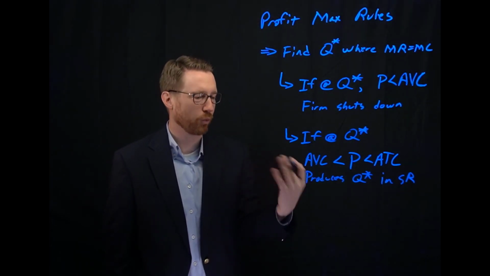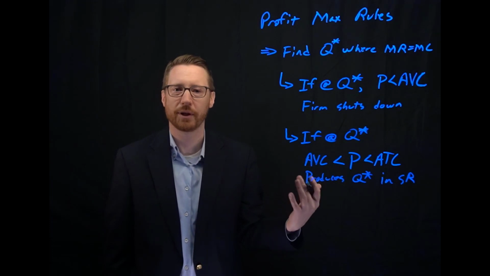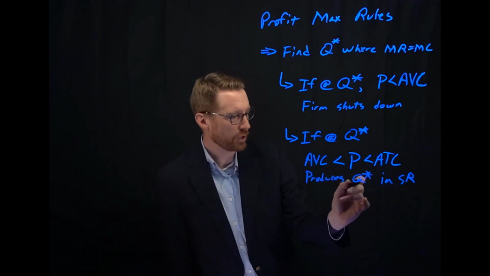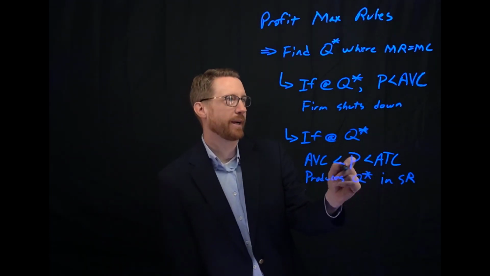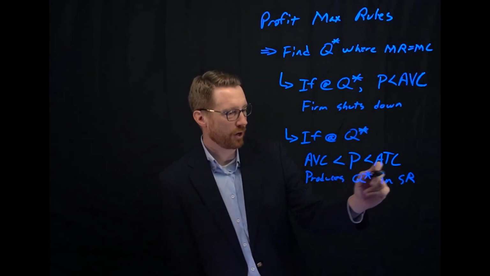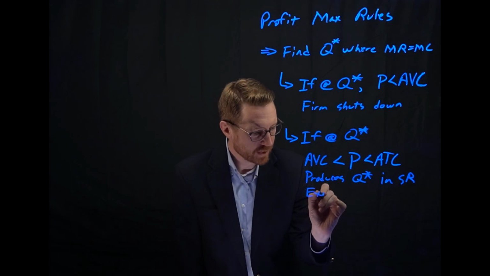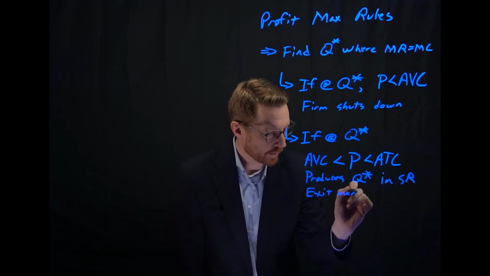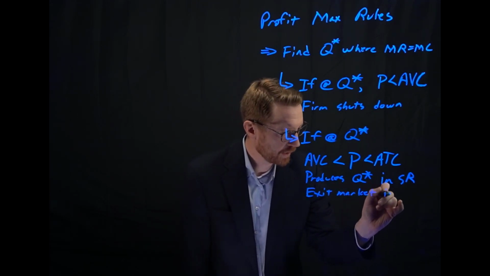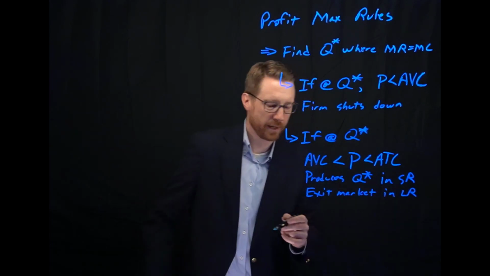In other words, while rent can't change, they're locked into a lease, etc. So they produce that optimal quantity where marginal revenue equals marginal cost in the short run, but they exit the market in the long run.